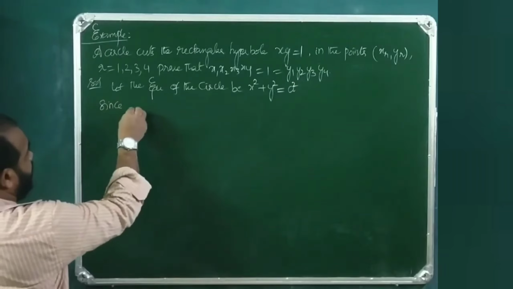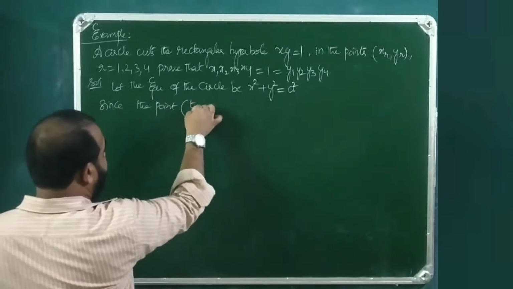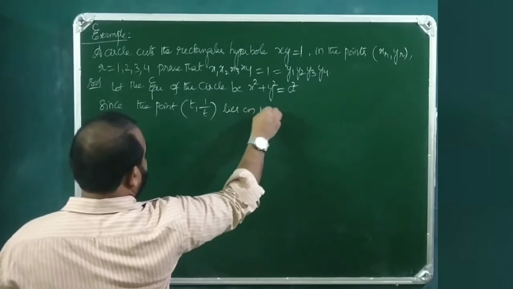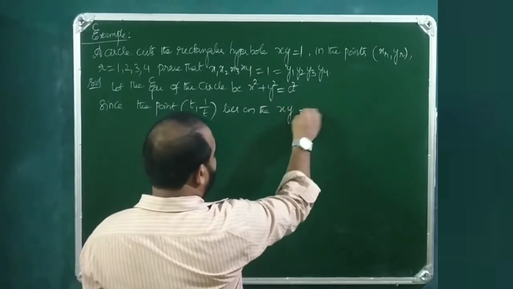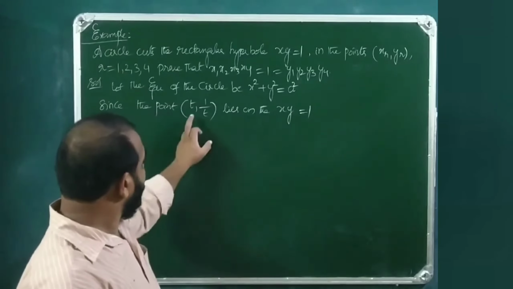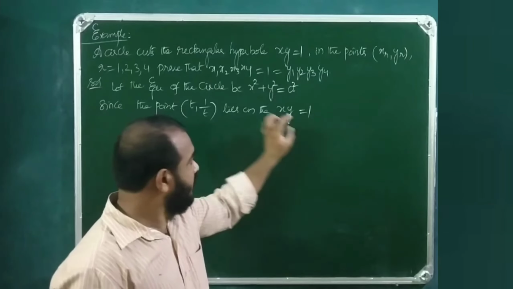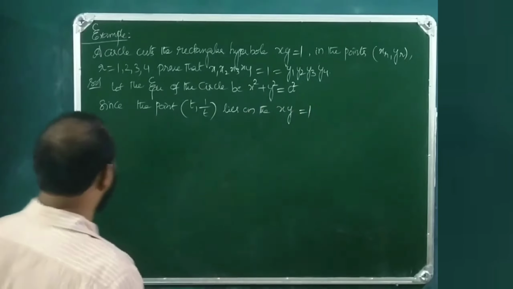Since the point t comma 1 by t lies on the rectangular hyperbola xy equals 1, because t comma 1 by t satisfies xy equals 1. So t into 1 by t gets cancelled, equal to 1.